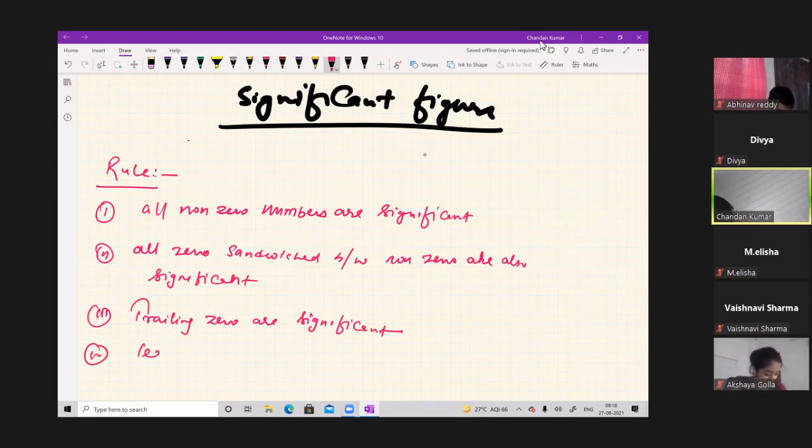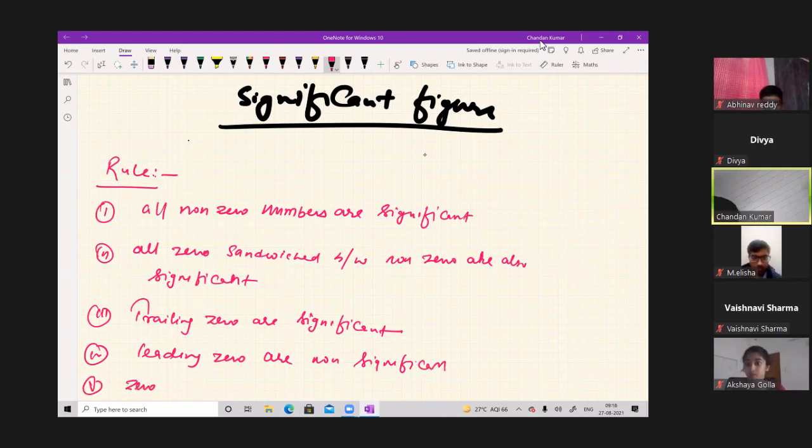Leading zeros are non-significant. And a zero before the decimal without any non-zero number is also non-significant.